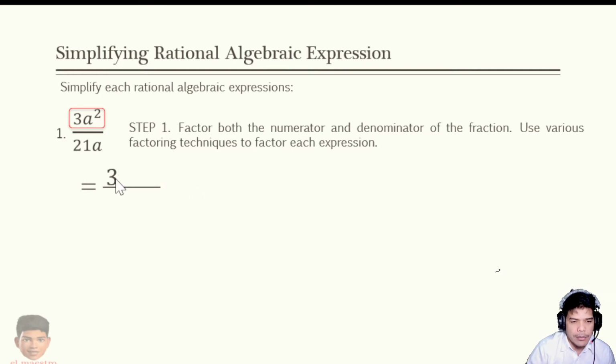Lagay mo dyan 3 times 1 if gusto mo. Okay? So after ma-factor out natin yung numerator, yung constant, i-factor out natin yung variable, a squared. Anong factor ni a squared? That is a times a. Right? Because a times a is equal to a squared. So na-factor out na natin.